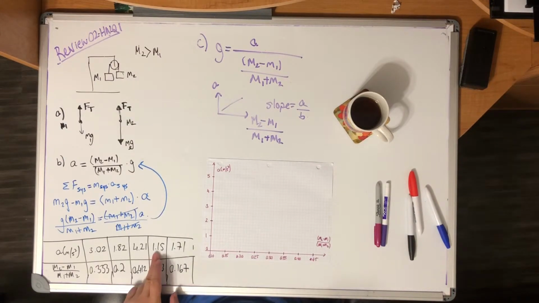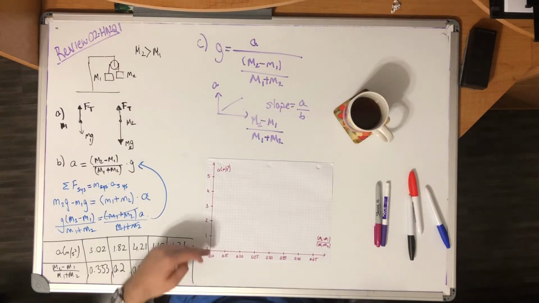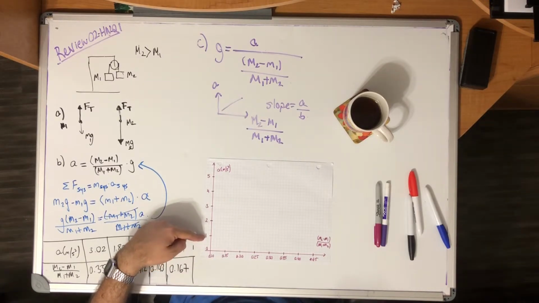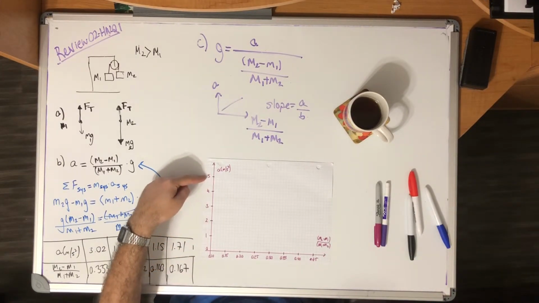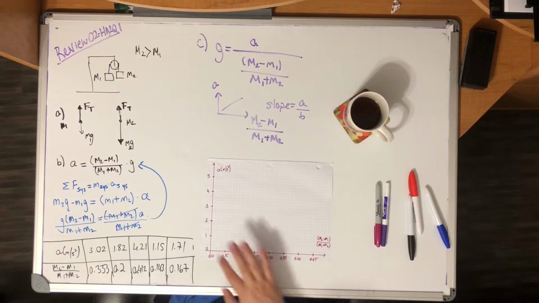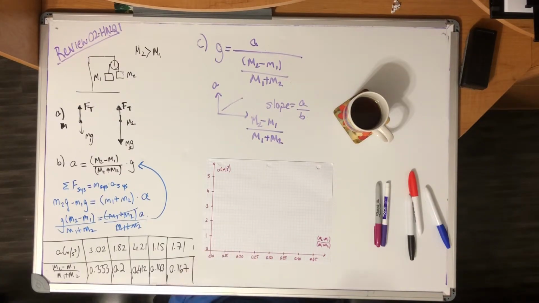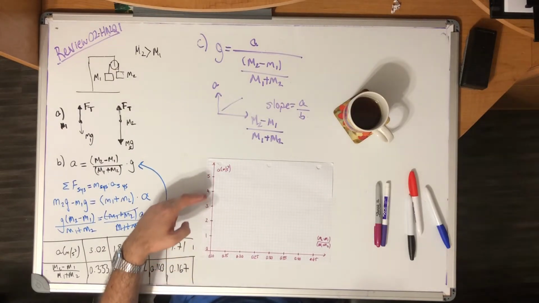So I start from 1 and go up to 4. When I count the grid spaces, I have 1, 2, 3, 4, 5. I can start from 0, though you don't have to start from 0: 0, 1, 2, 3, 4, 5.